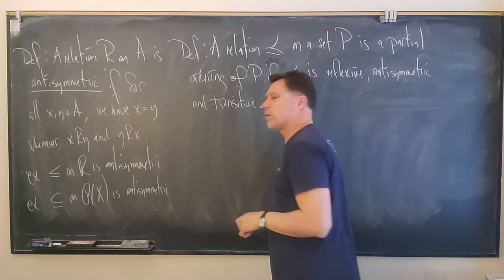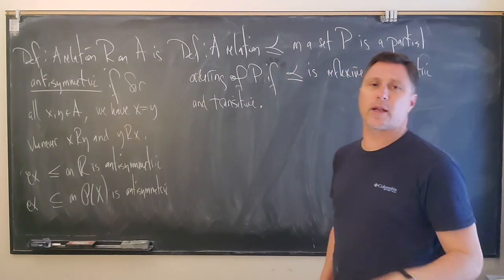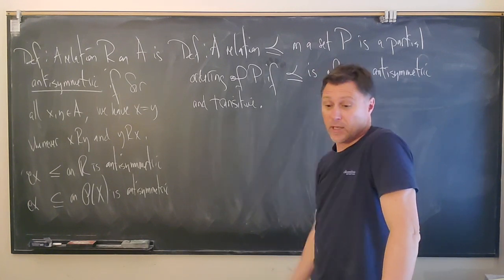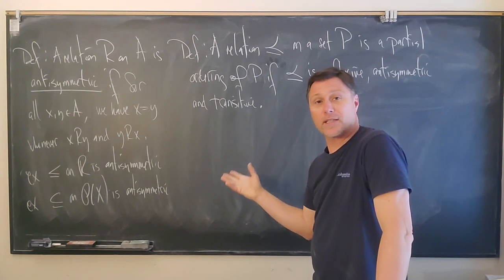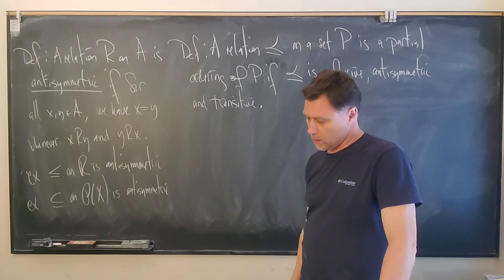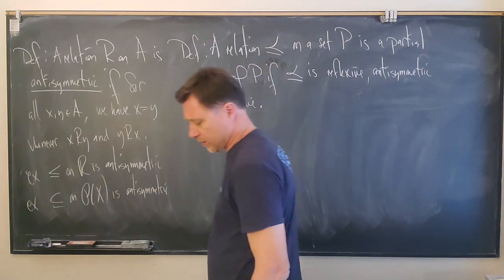All right, so notice we focus more on equivalence relations, right? Equivalence relations are those that are reflexive, symmetric, and transitive. If you replace symmetric with antisymmetric, then you call it a partial ordering. And then a little piece of terminology.